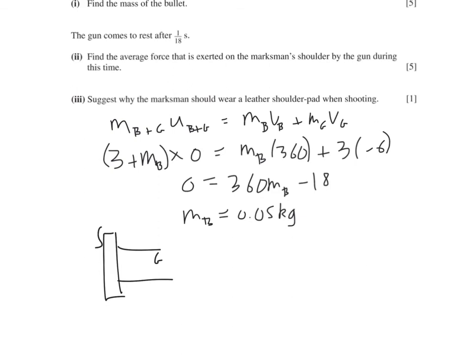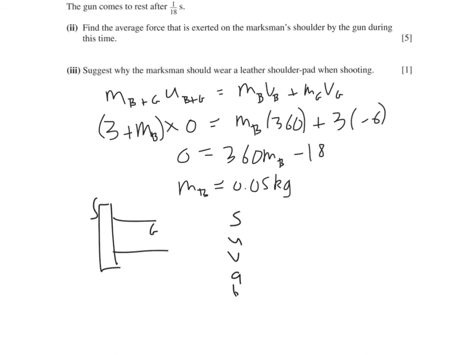Okay? So, let's look at S, U, V, A, and T. We know initially the recoil of the gun is 6 meters per second. I'm going to take this way to be positive, just to avoid any issues. That's for part 2. The final speed is going to be 0, as it stops when it gets into the shoulder. The time taken is 1/18 of a second. What do I want to work out?